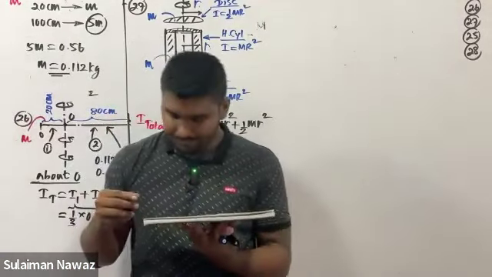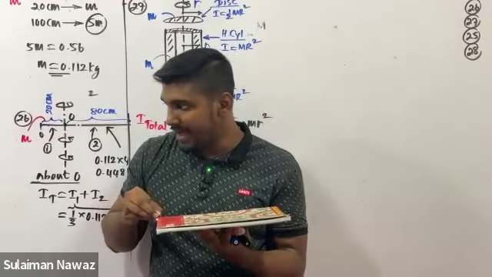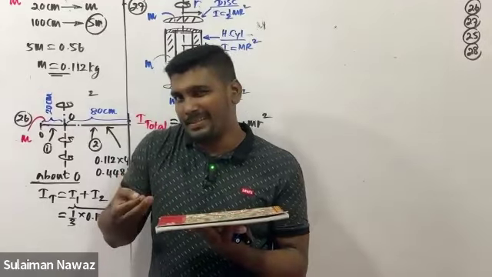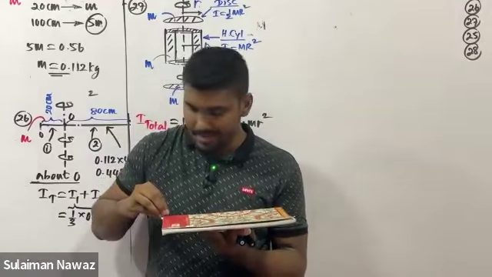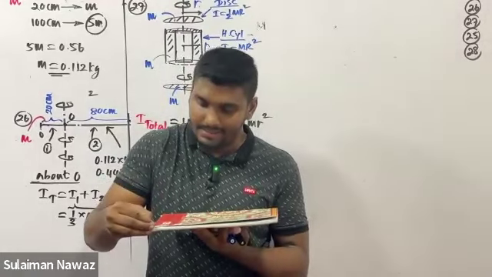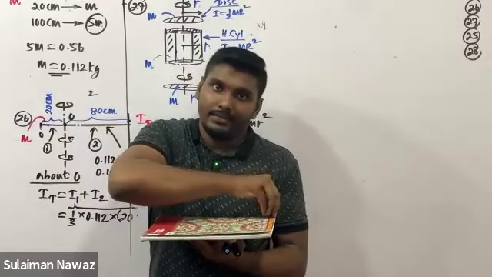This is your frame. There are four identical masses, all of them with the same mass, point masses, small spherical masses, capital M. Capital M mass is here, another capital M mass is here, another here, another here.